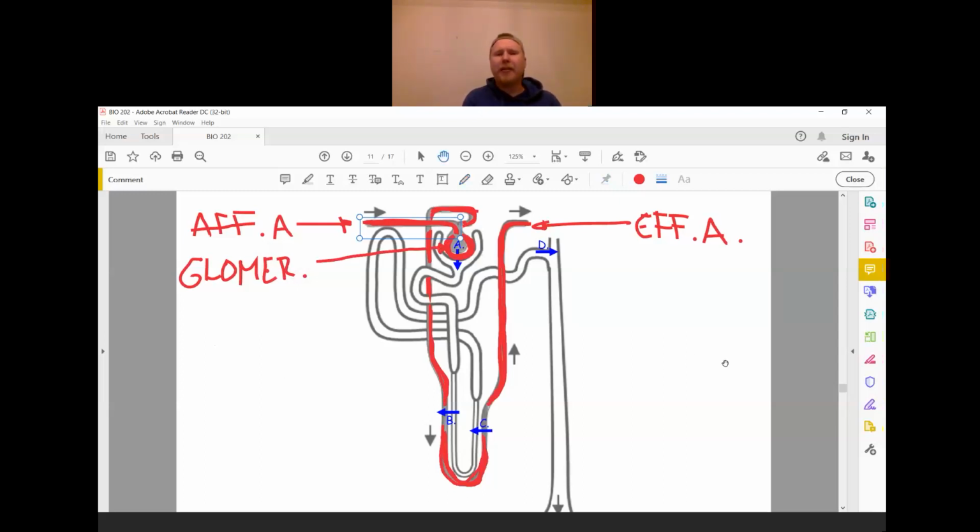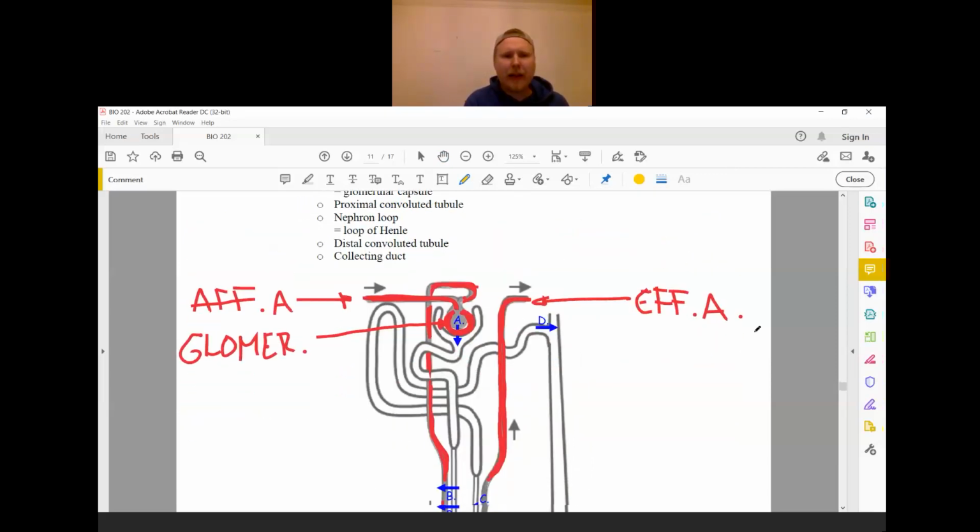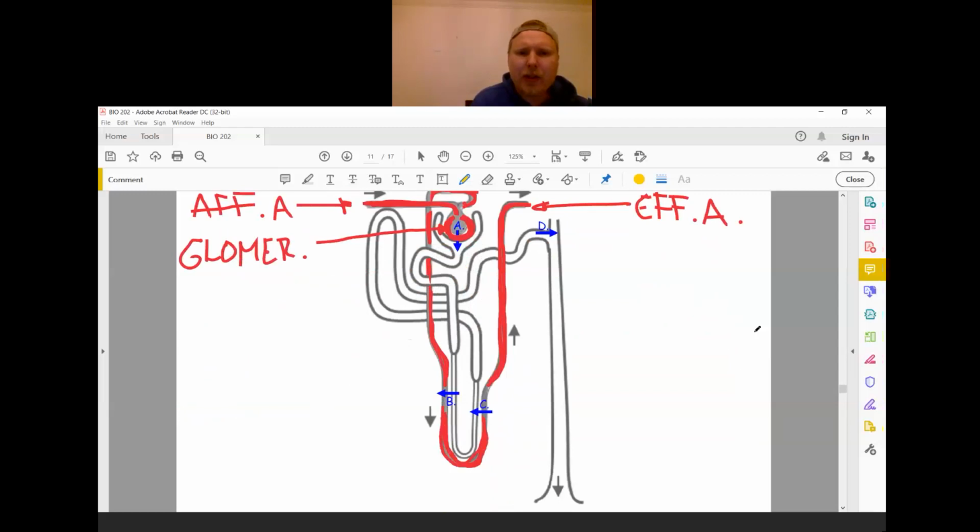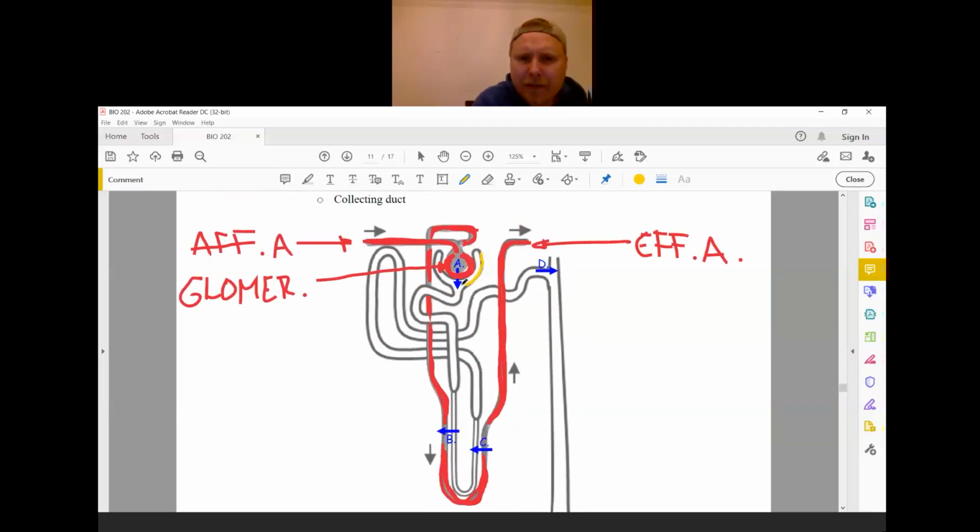Okay, what other parts of the nephron might we want to know? Let's start labeling the actual nephron itself. We're going to start with the glomerular capsule, which goes around the glomerulus here. And I'm trying not to color over the other structures that we've either seen or we will see. But that's going to be our glomerular capsule, or sometimes known as Bowman's capsule.